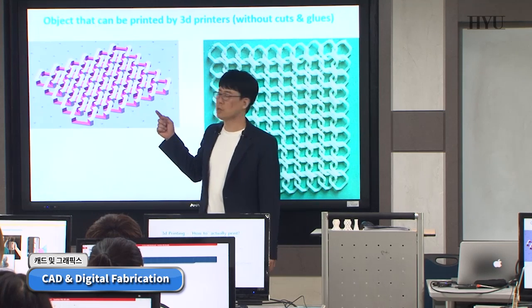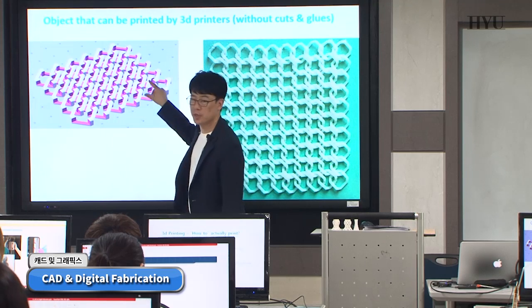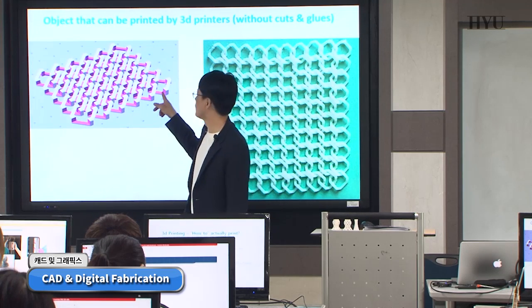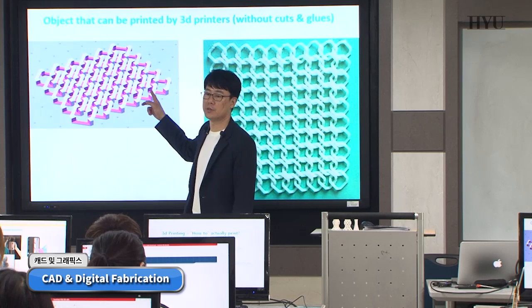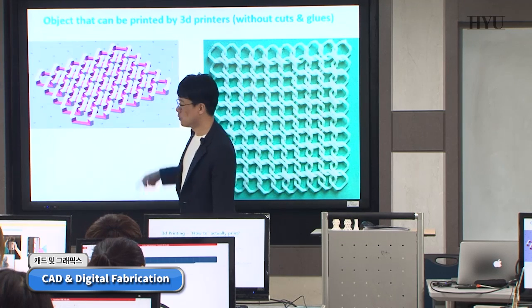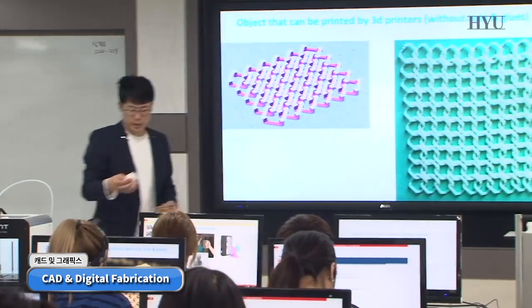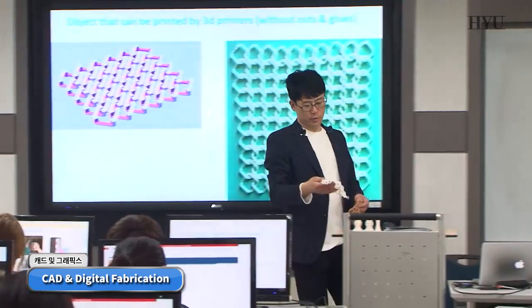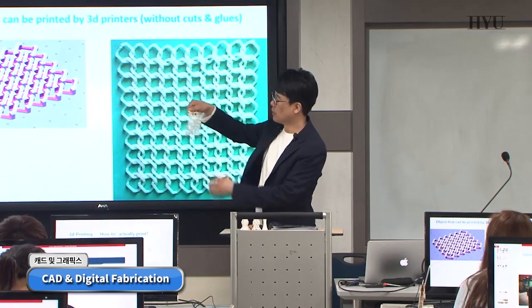But looking at them carefully, one single piece is placed without any touch with others. But they are all connected. So that is why this kind of 3D chain can be created, okay.